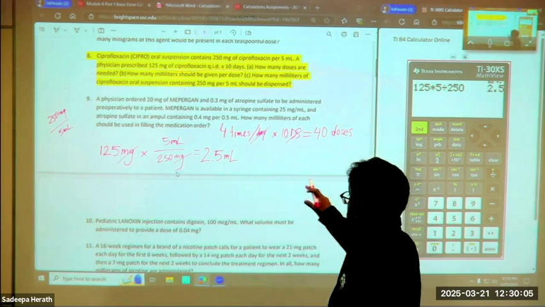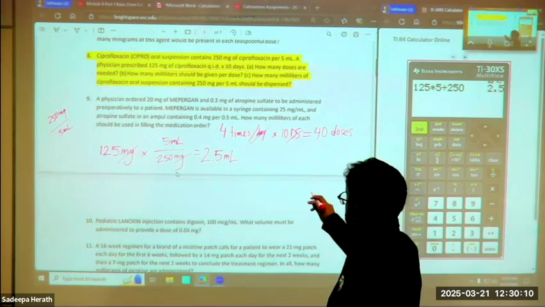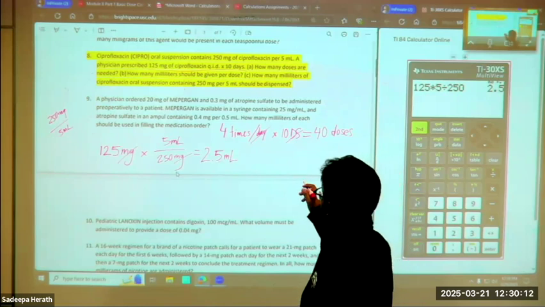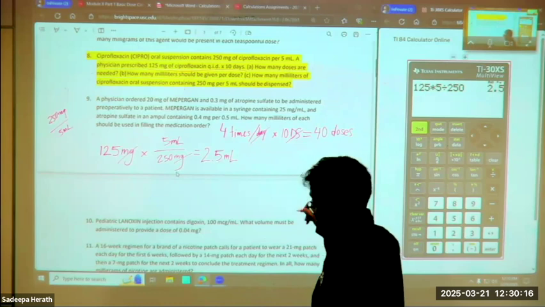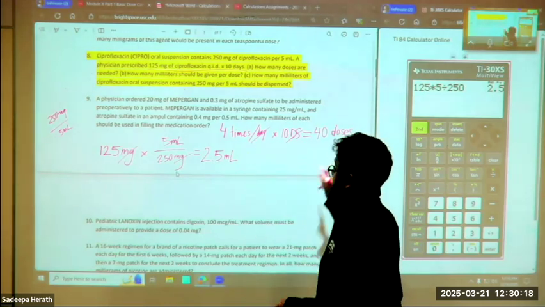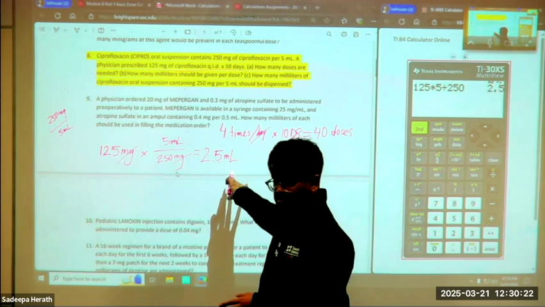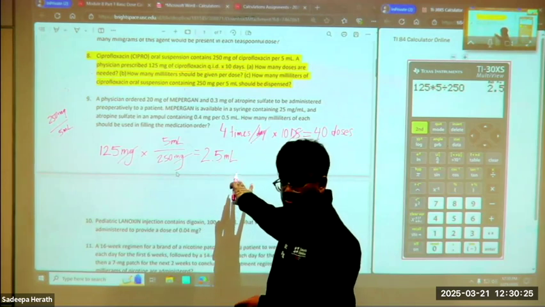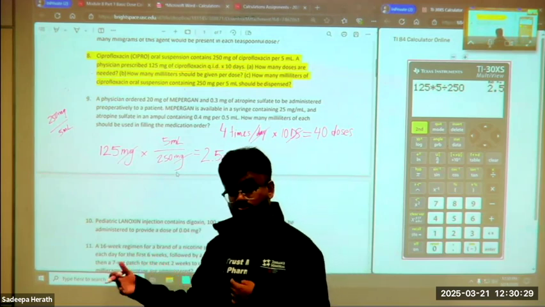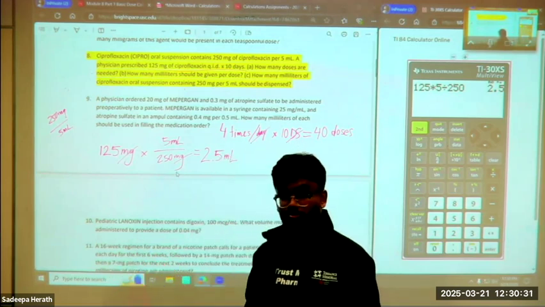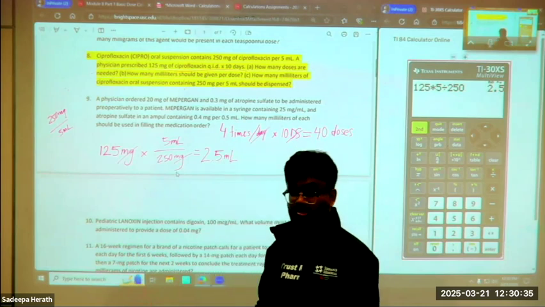So it's 2.5 ml per dose, and this person is taking it 4 times a day. We already have that solved out, 4 times a day times 10 days. If you didn't, you just have to understand that we have our original quantity here, multiply by 4 to have per day. So 2.5 times 4 is what? 10. 10 times 10 is 100 ml.